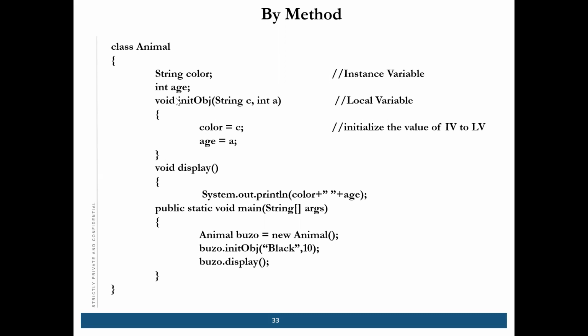Okay. So what we have done, we have created two methods. One is initializing the object and the second is to display that. And in the main method, we are not giving any value which we were giving previously, right? We are giving it directly to this method, because it is by method.